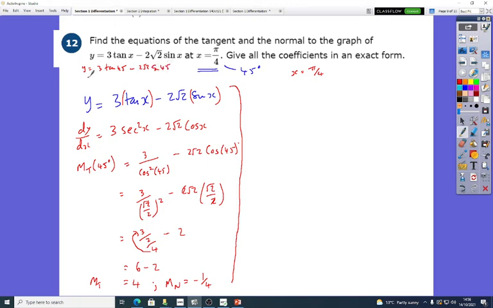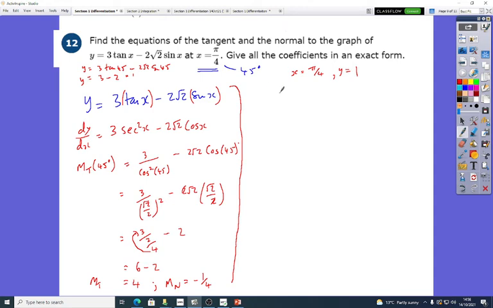So that's 3 times 1 is 3, minus root 2 over 2 times 2 root 2, which just ended up being 2. So y is 3 take away 2, which gives me 1. So we know that y equals 1.